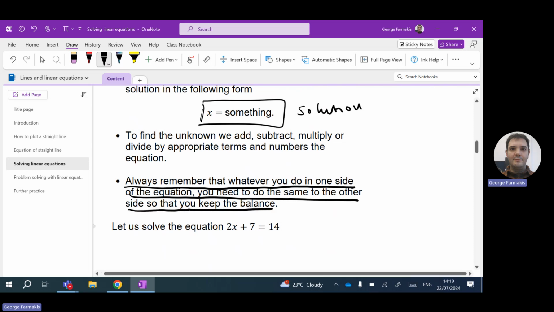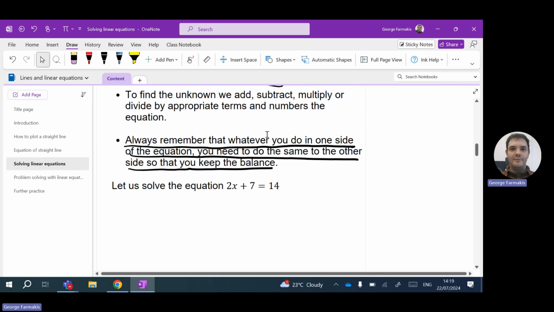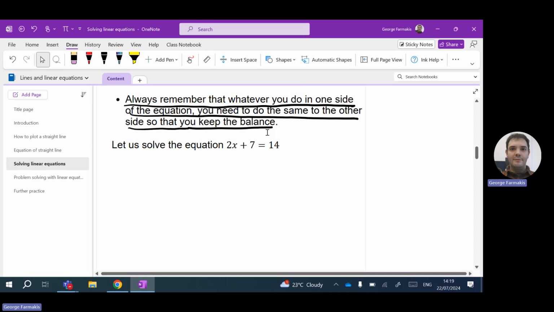Okay, so let's solve this equation, 2x plus 7 equals 14. We want to isolate x. In order to do this, let's first isolate 2x. We want to get rid of this 7.